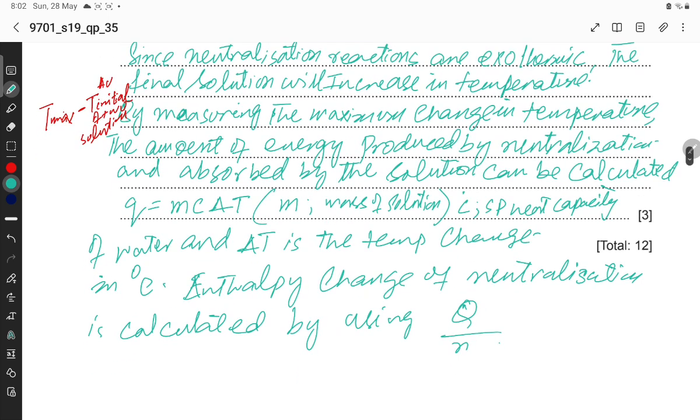So delta H is equal to minus Q over n. And we know that delta H is the enthalpy change of neutralization, n is the number of moles, and Q is the energy absorbed or released.